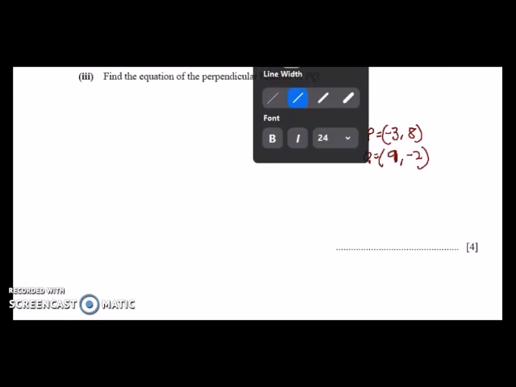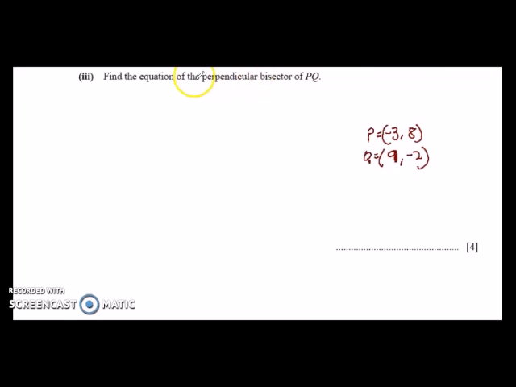Okay, and this is the last part of the question. It shows the equation of the perpendicular bisector of this PQ. So it means you have a P and Q, the straight line. Okay, P and Q. So the first thing is you have to find the midpoint. So let's say this is the midpoint over here.